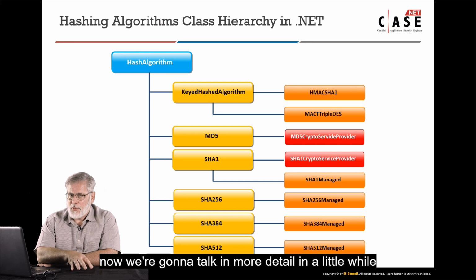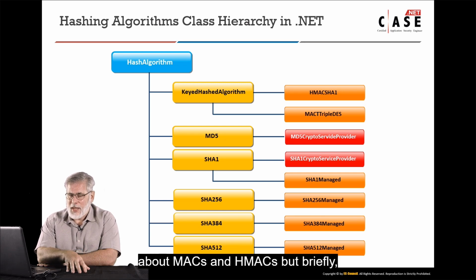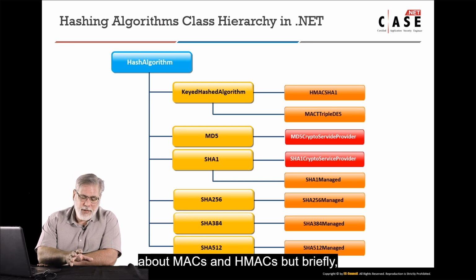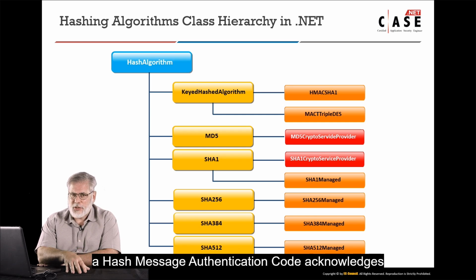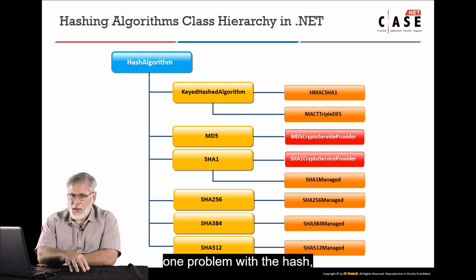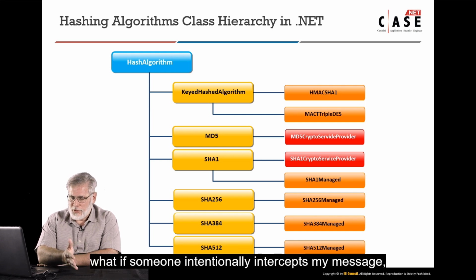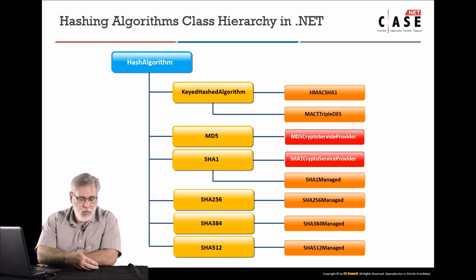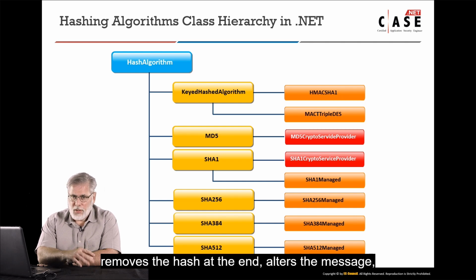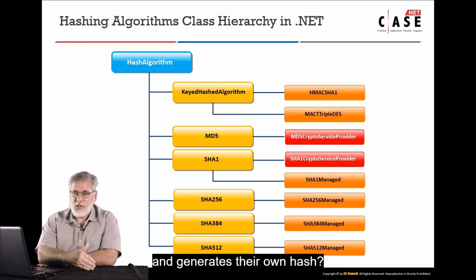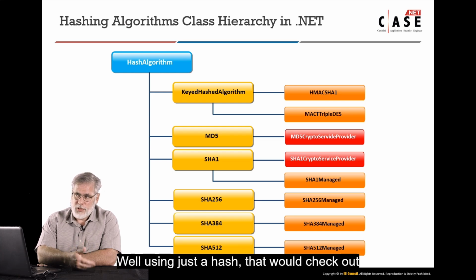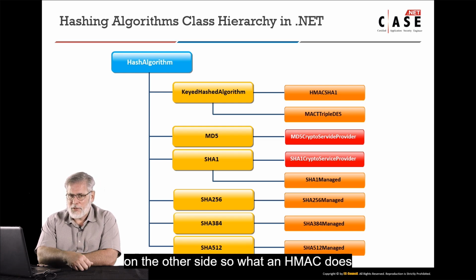Now we're going to talk in more detail in a little while about MACs and HMACs, but briefly, a hash message authentication code acknowledges one problem with the hash. What if someone intentionally intercepts my message, removes the hash at the end, alters the message, then generates their own hash? Well, using just a hash, that would check out on the other side.